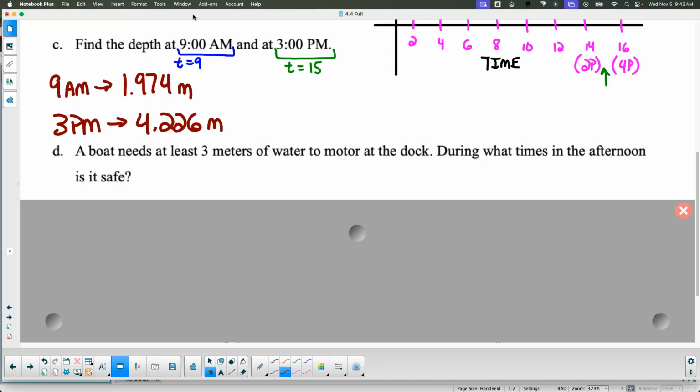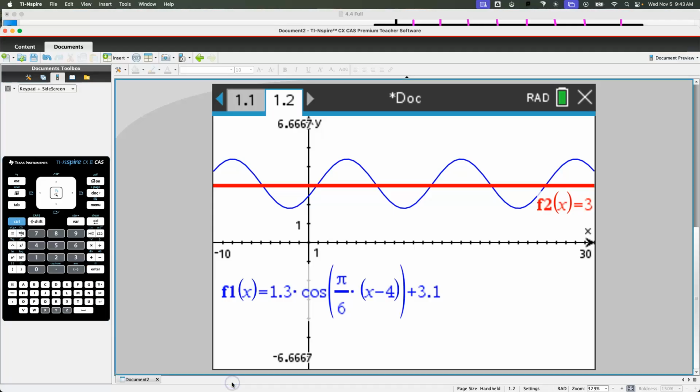So what time does the afternoon start? 12, so 12 p.m. it starts, and afternoon ends sometime before midnight, right? So I'm looking here specifically at before 12. Well, 1, 2, 3, 4, 5, 6, 7, 8, 9, 10, 11, 12. So I would be looking at these two right in here.